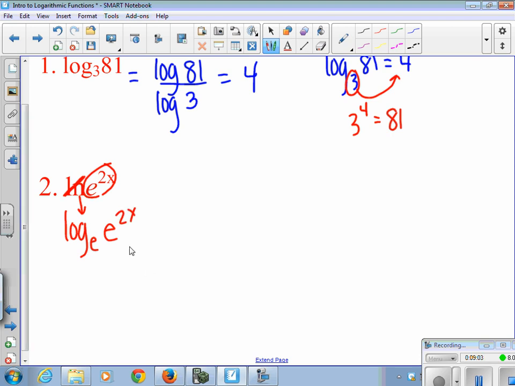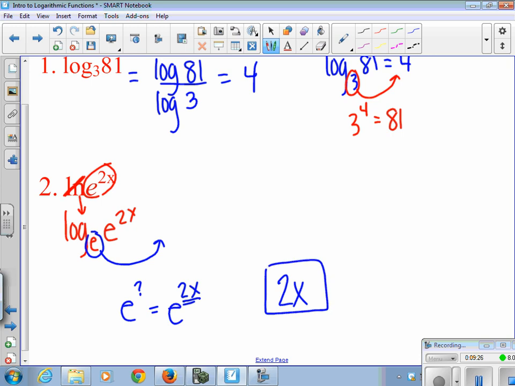Now, this is saying, if I shell snailed, e to some power should give me e to the 2x. So e to some power should give me what's left there, e to the 2x. And so the only thing that this question mark could be is 2x. So 2x is my answer there.